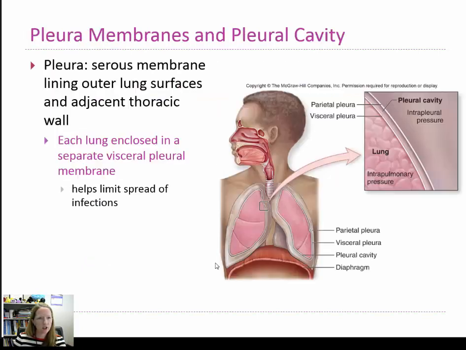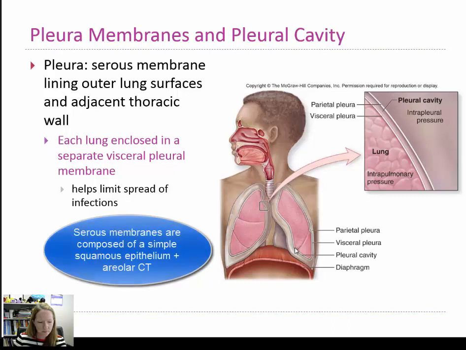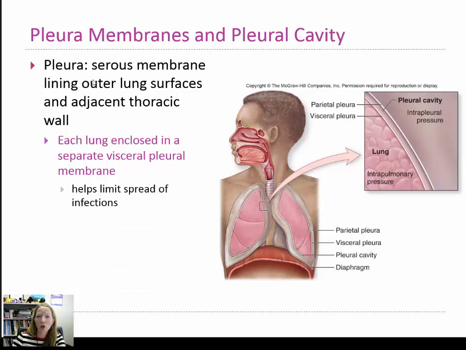So let's go ahead and finish by talking about the pleural membranes and the pleural cavity. If we remember about these serous membranes, the pleura is the serous membrane that lines the outer lungs and the adjacent wall cavity. Remember, you always have two serous membranes, right?